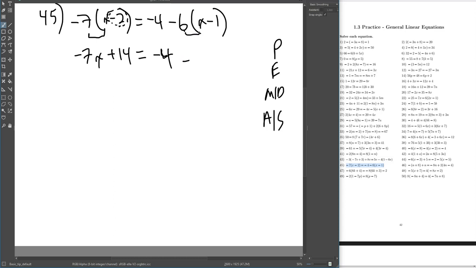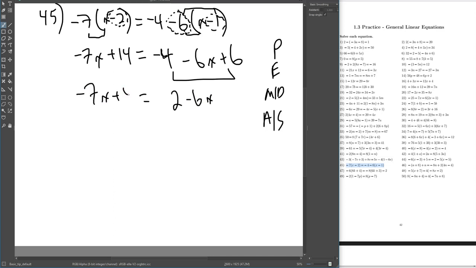Minus, let's multiply this. Remember, we always look at the sign behind the number. Minus 6 times x equals minus 6x. Minus 6 times minus 1 equals 6. Let's combine like terms. I get minus 4 plus 6 equals 2 minus 6x. And on the other side, I get minus 7x plus 14.